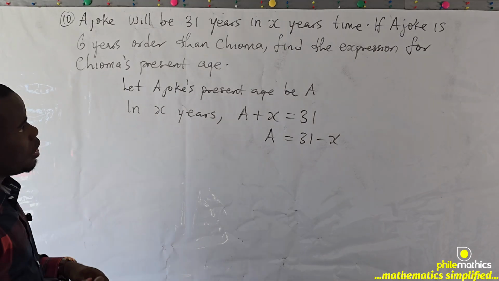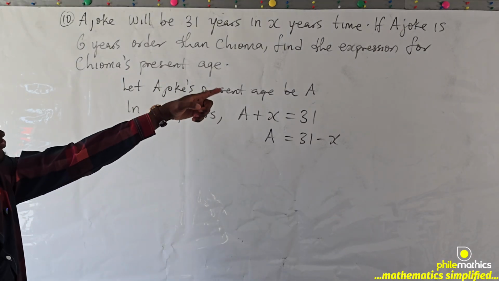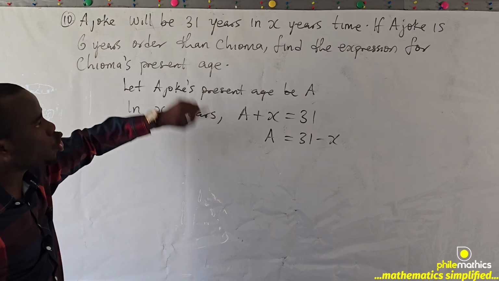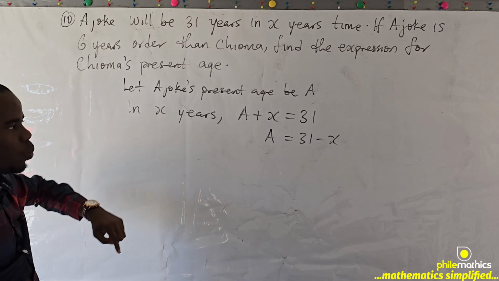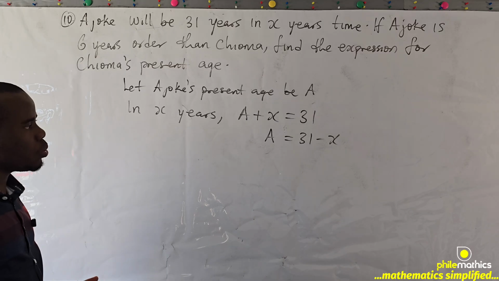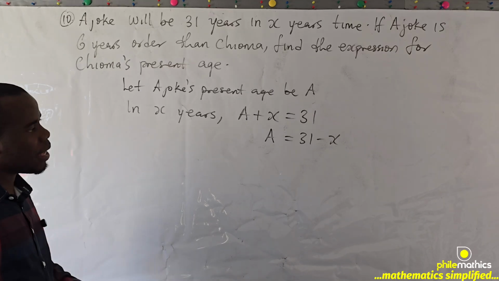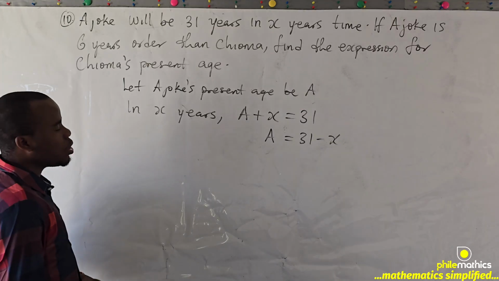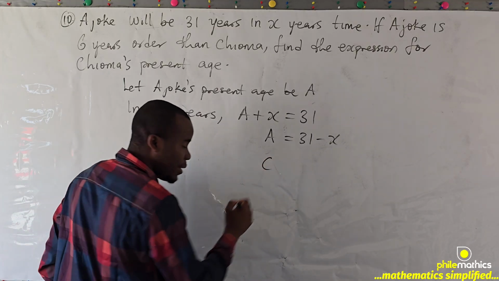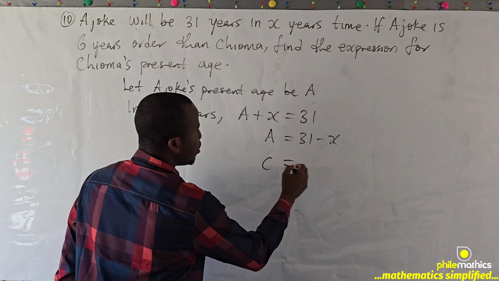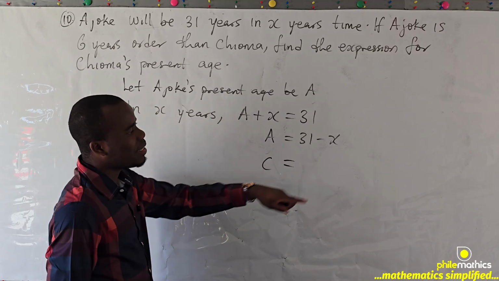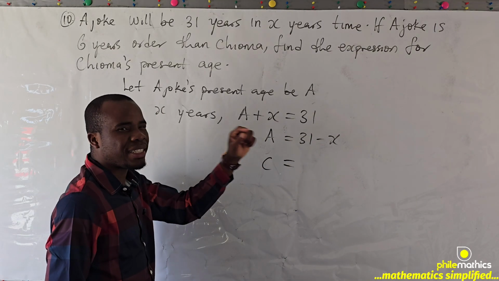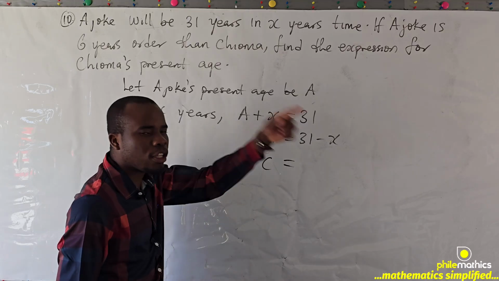Now, it went on to say if Ajoke is 6 years older than Chioma, we don't know what Chioma's age is, but what we do know is Ajoke is 6 years older than Chioma. That means Chioma's age is subtracting 6 years from Ajoke's age, because Ajoke is 6 years older than Chioma.